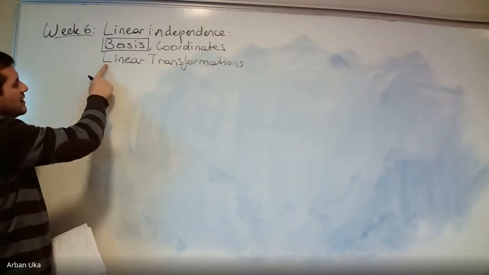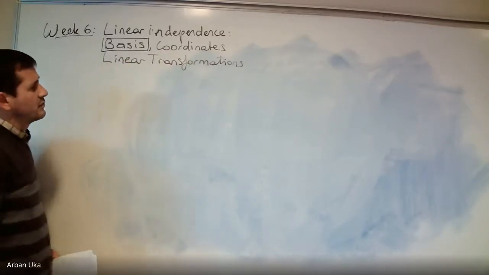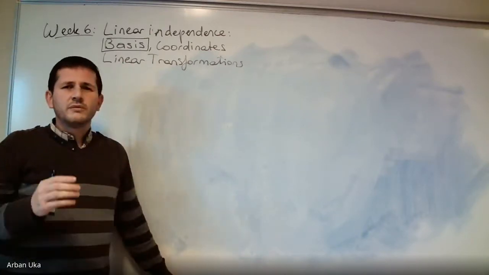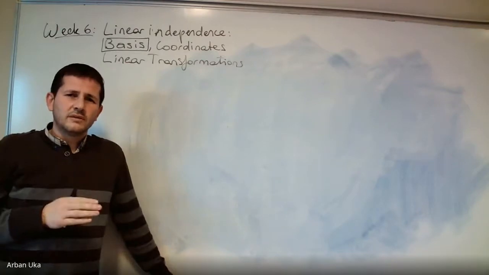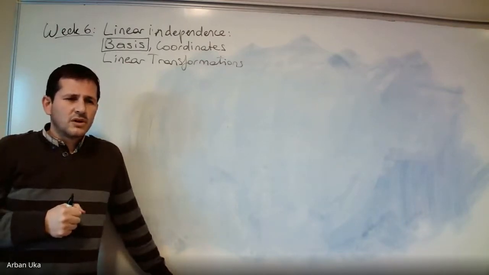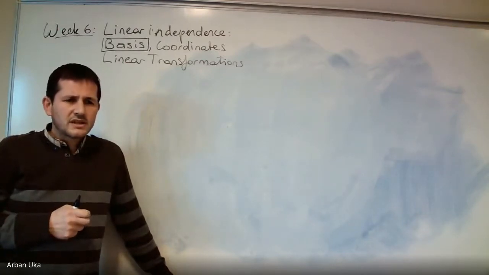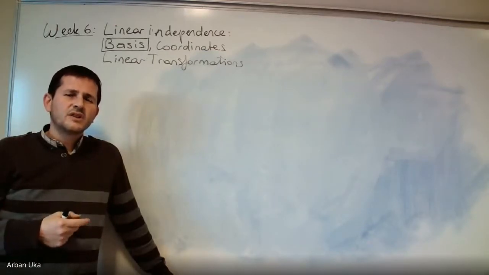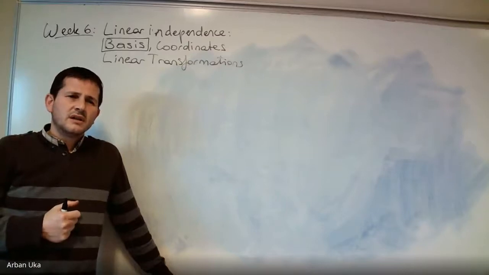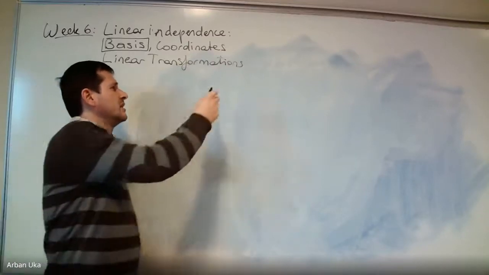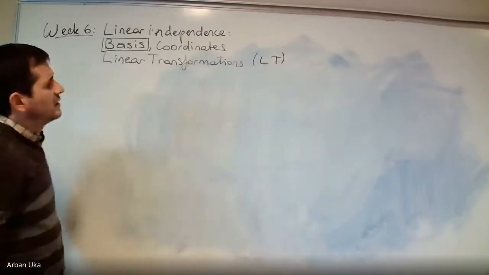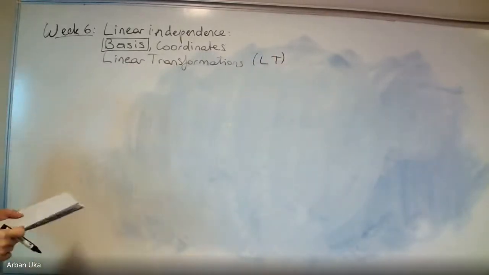In a couple of sessions, we're going to talk about the linear transformations, which enable us to pass from one basis representation to another. Because often when a data set or any other array of numbers is provided to us, we can apply these linear transformations to represent it in an easier way.